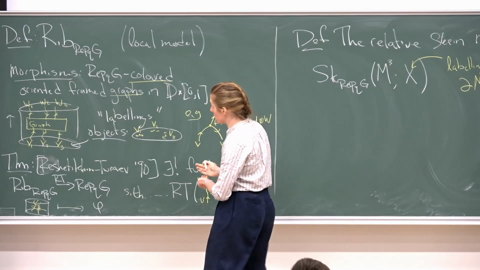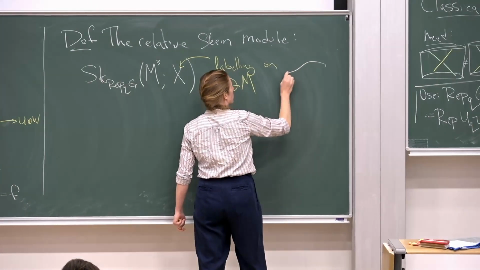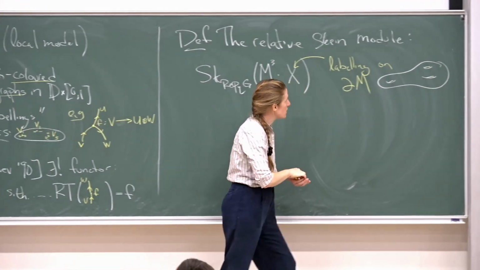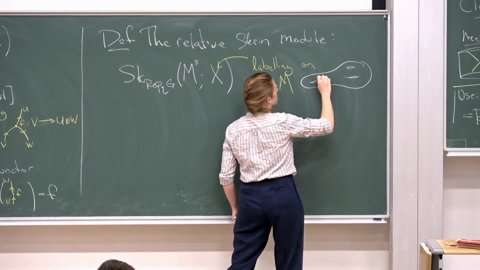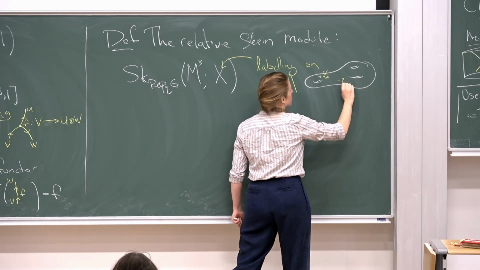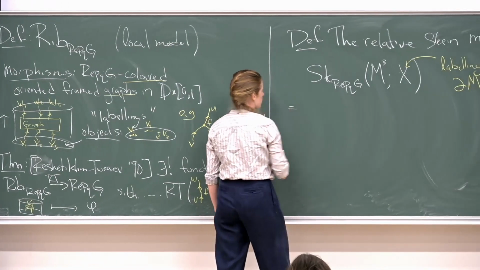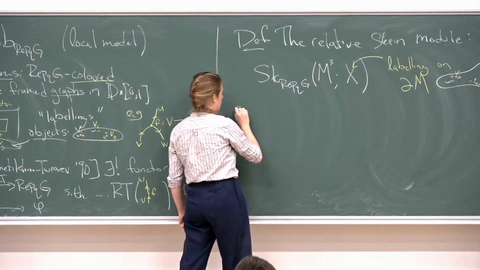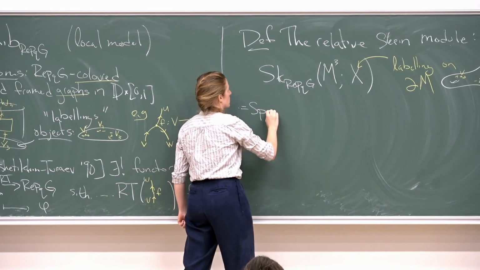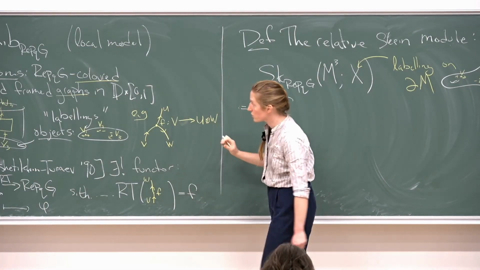I mentioned what our labelings are for a disk right now. So if this is some genus 3 surface, this is going to be some finite collection of framed oriented points, all colored by things in my category. And what is this? This is just a vector space, which is the span of these graphs.